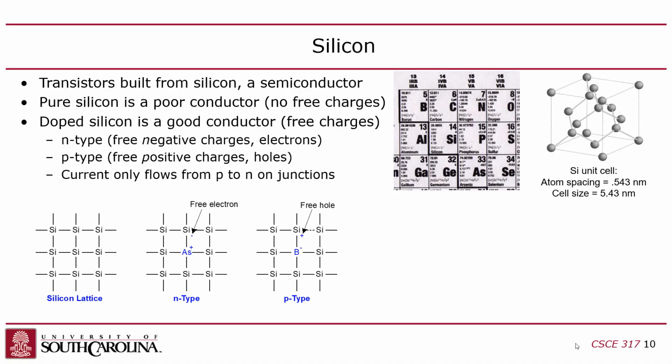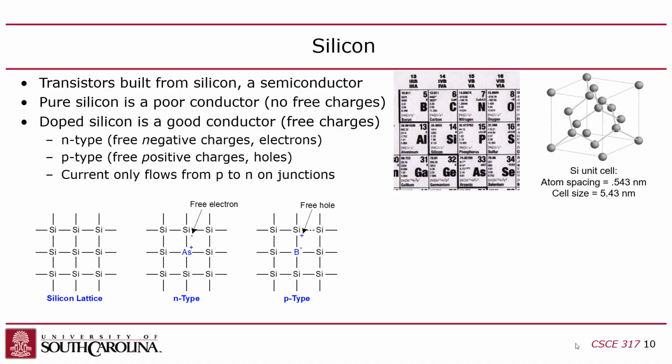That extra electron can just leave the arsenic atom, leaving it with only 4 valence electrons, and it can move across these silicon atoms, and that becomes a charge carrier. And that allows the newly doped silicon to be a conductor, right?